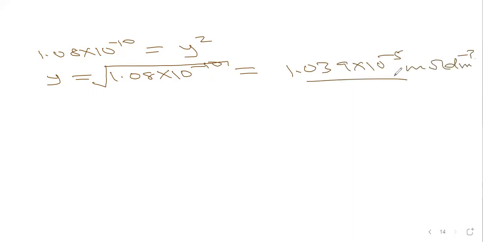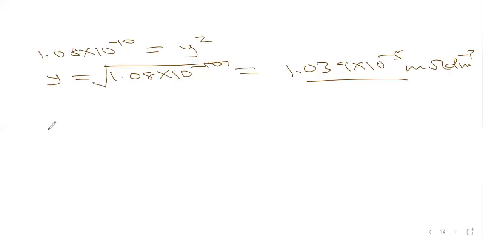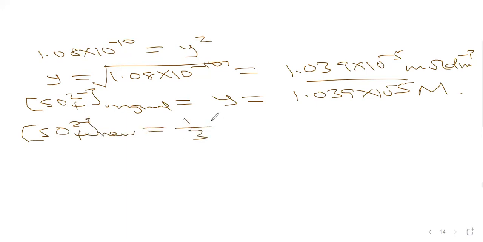So that's the original concentration of the sulfate ions, by the way. Because if this is Y, this is Y, this is Y. So we shall say concentration of sulfate ion, original, is equal to Y, is equal to the same value. Now, concentration of sulfate ion, new, which they are talking about, is a third that value.